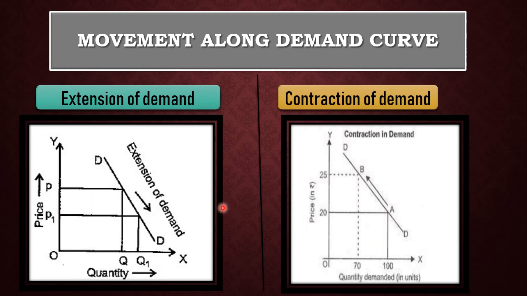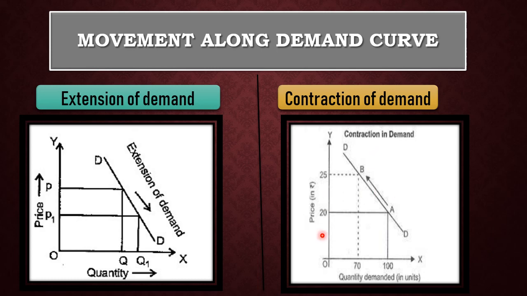These two diagrams are very similar. What you have to understand is the arrow. Here the arrow is downward, and here the arrow is upward. Contraction means decrease.